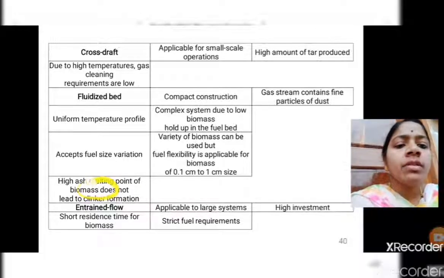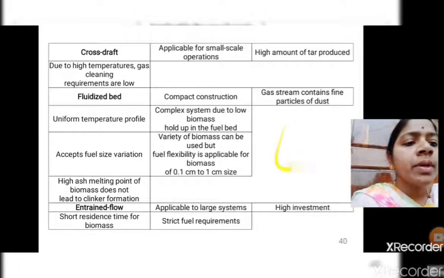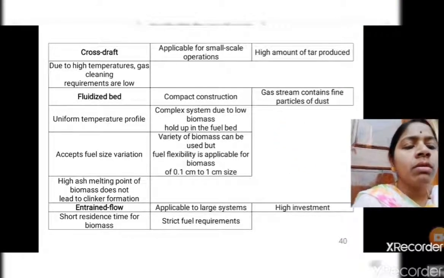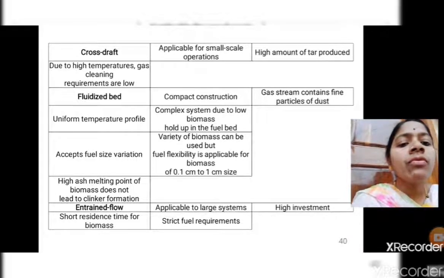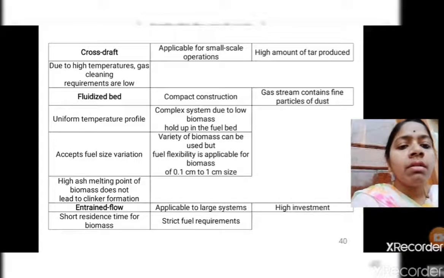See, in the fluidized bed we are suspending the particles. There is no lying of the particles or biomass, so there is no chance of accumulation of ash, that is, slagging or clinker formation over the coke particles.